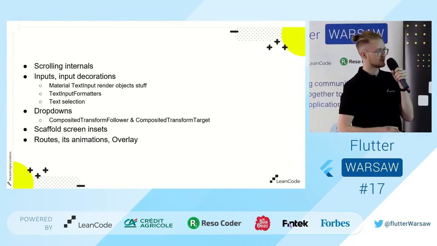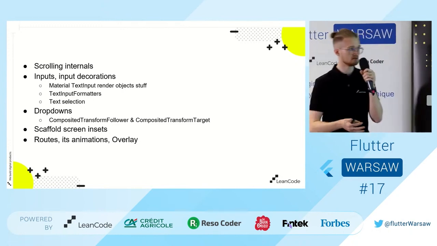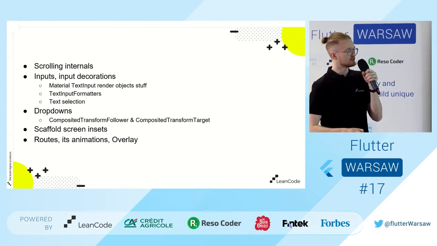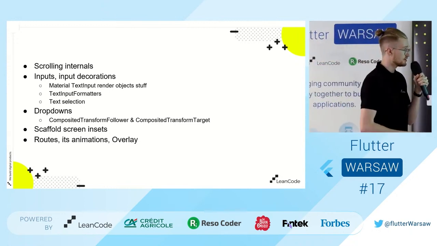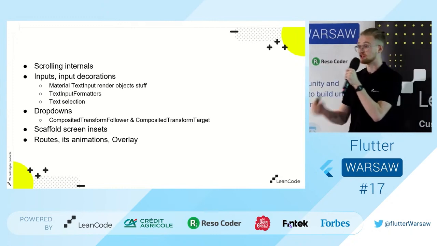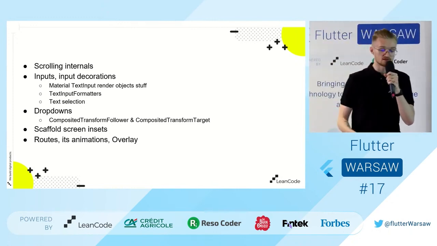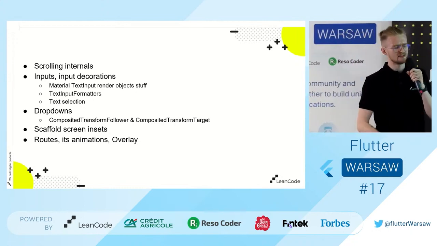For the dropdowns, there were the followers and targets for the composited transform. I didn't even know there was something like that. Now I do. The scaffolds, how they work underneath, and routes, their animations, for this root drawer thing, the overlays. Those were really nice findings.